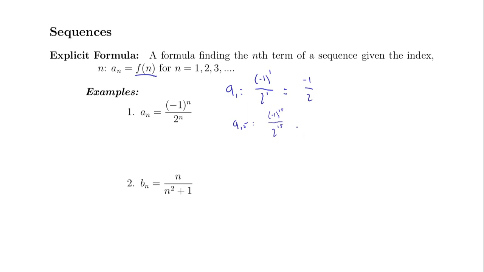I have no idea what 2 to the 15 is, but I do know that -1 to the 15 is just -1. So I've got this term here. If I wanted the fourth term, then I could say this is -1 to the 4 over 2 to the 4, and that's going to be +1 over 16. So we can get all these different values.